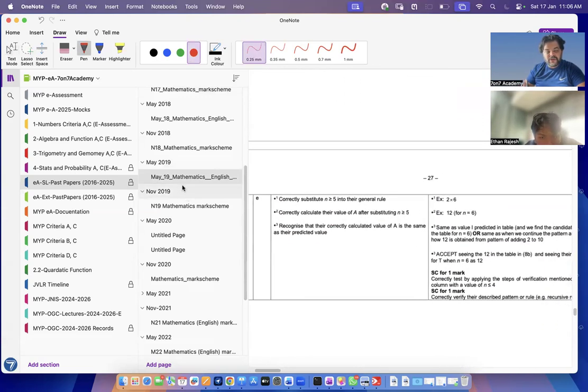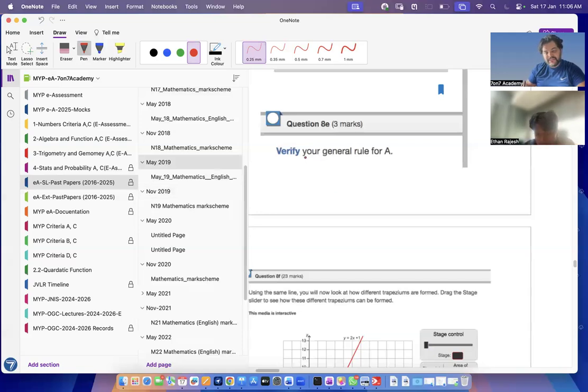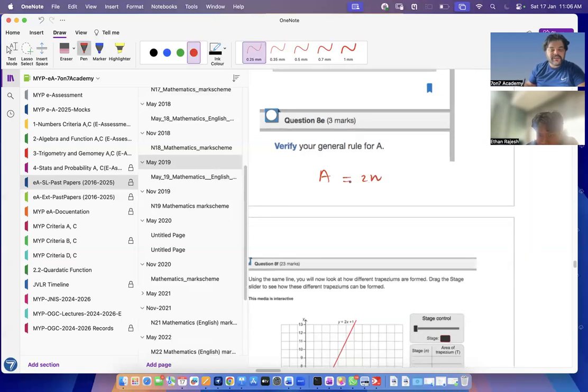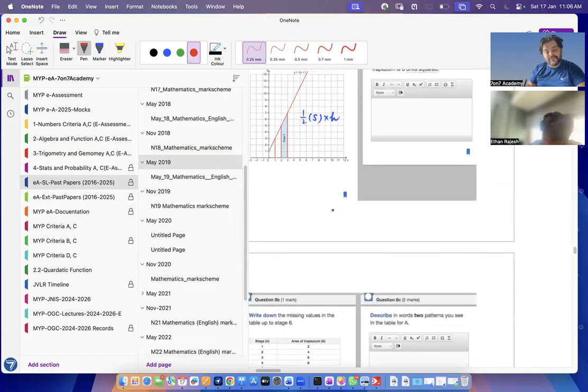When you talk about verification in this case, in the previous part A is equal to 2n. Verification means you have to put the values of n that are not in the given table. So what was the given table here?